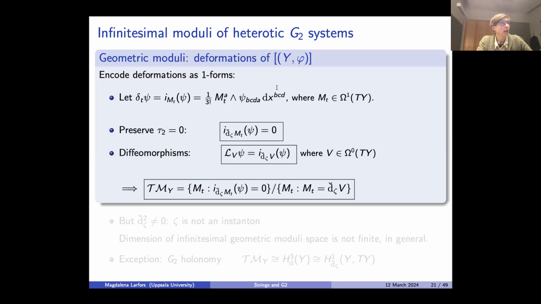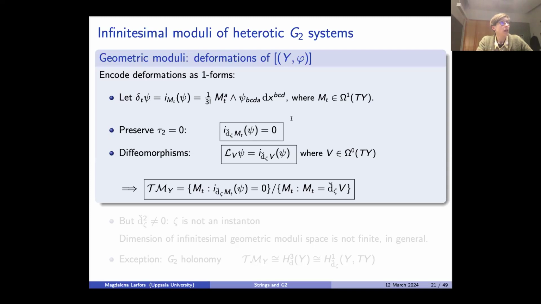We can encode those deformations in a very standard way, which is that we are encoding them in some 1-forms that take values in the tangent bundle. So we know that when we vary the 4-form, we should get a 4-form. Any 4-form can be written in this way. So this is a neat way of writing the deformations.